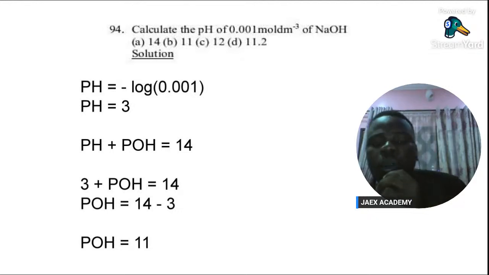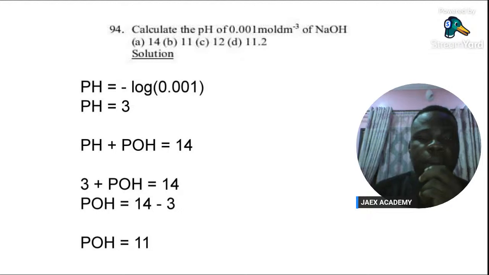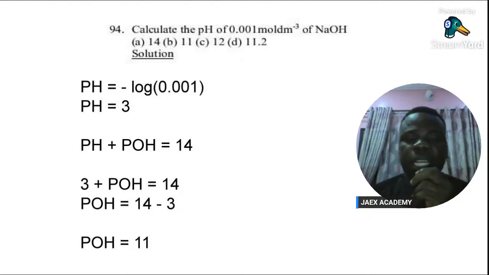Now, is sodium hydroxide an acid or a base? Of course, it's a base. We are supposed to use the formula which says pOH is equal to negative log OH. But if you look at this question very well, they gave us pH of 0.001.